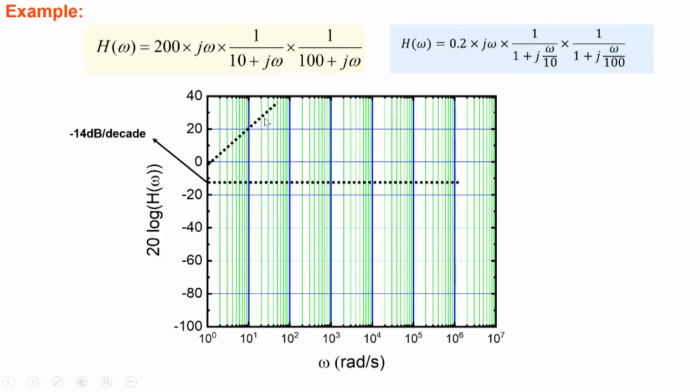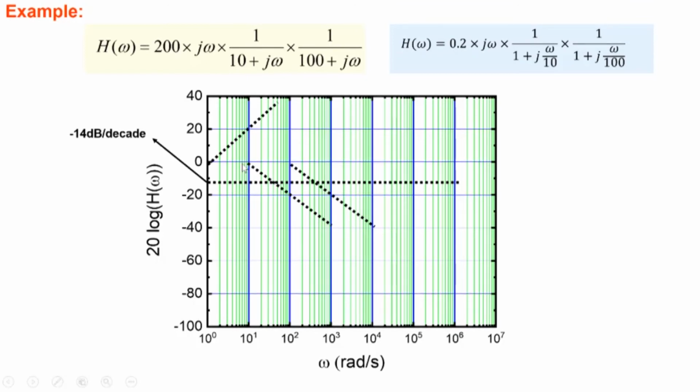And it increases at 20 dB per decade, because it's omega to the power 1. The third term, we have seen this third term, so it will be 0. And then at 10 radians per second, it will decrease like this. And then the fourth term will decrease in this particular manner.